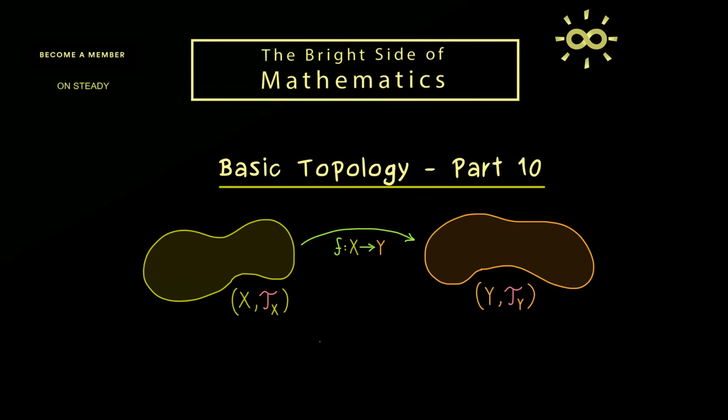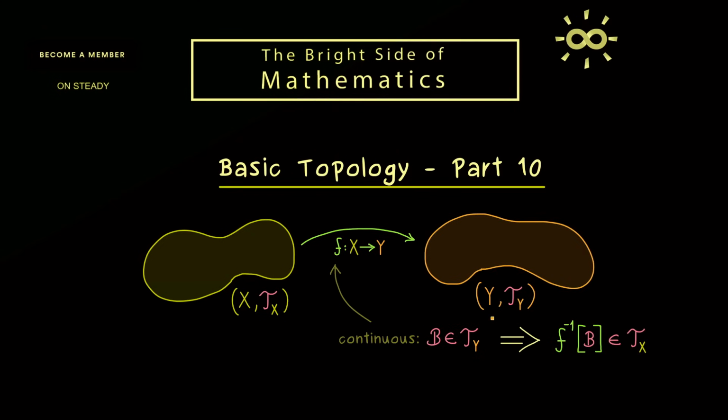And now for what we want to do in this video, we need to have a continuous map between topological spaces. And as you already know, the definition of continuity is quite simple. We just have to consider open sets in the topology of Y. And then we just bring it to the left-hand side and look at the preimage of B. And then the only thing we need is that this one is also an open set.